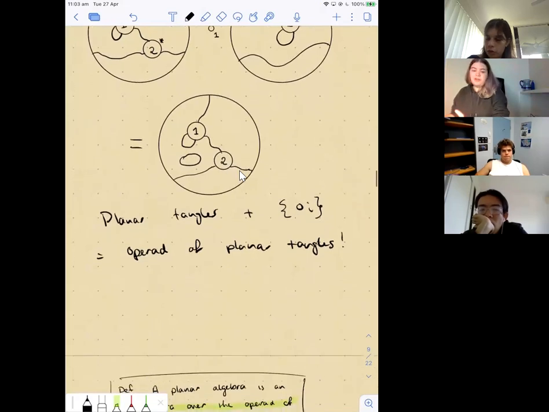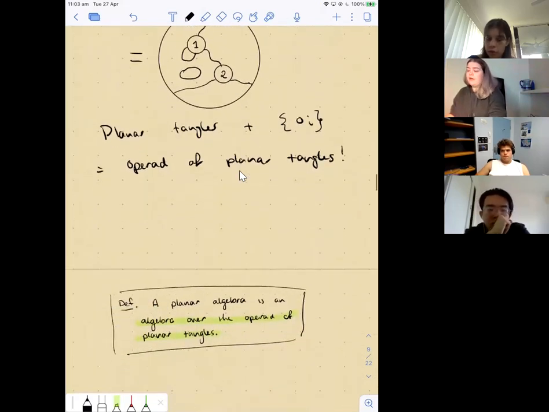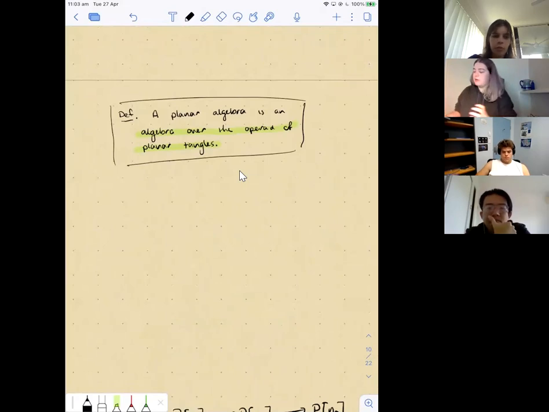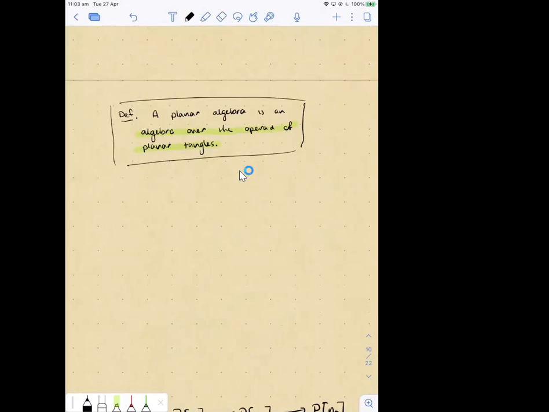So now we can finally get to what actually is a planar algebra. A planar algebra is an algebra over the operad of planar tangles. So what do we mean by an algebra over the operad?